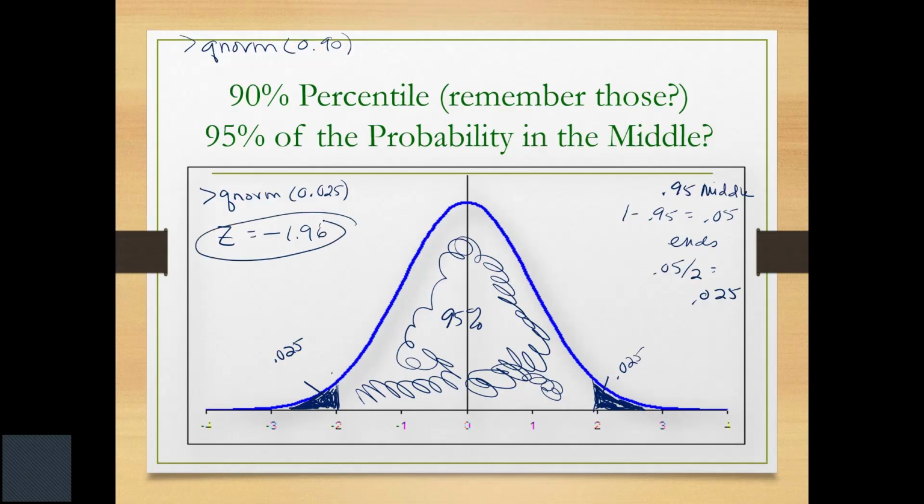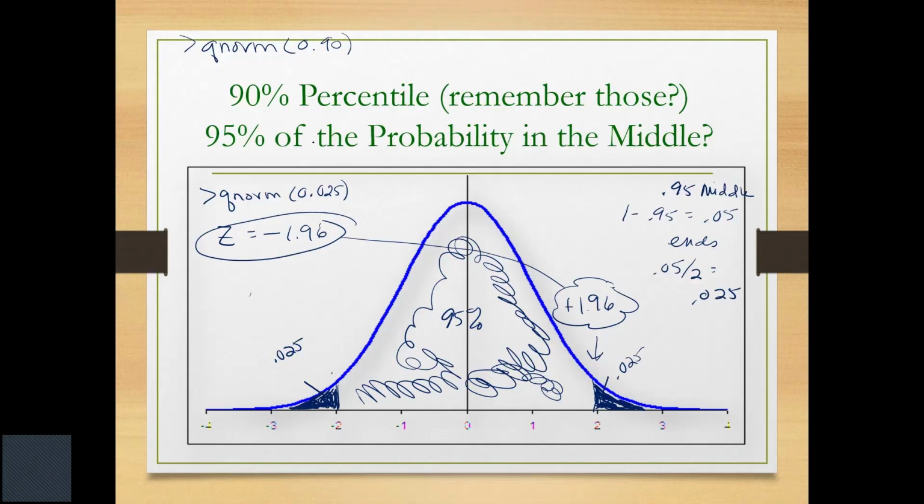And that is a magic number. On the right-hand side over here, it's a positive 1.96. So plus and minus 1.96 is a magic number that defines 95% in the middle and 5% out on the tails. And we'll use that so much that you'll basically have it memorized.